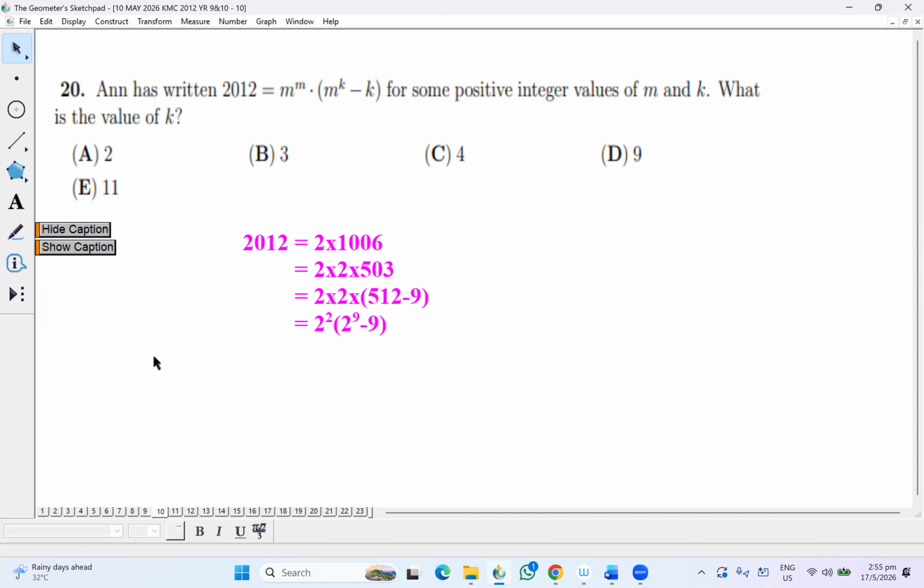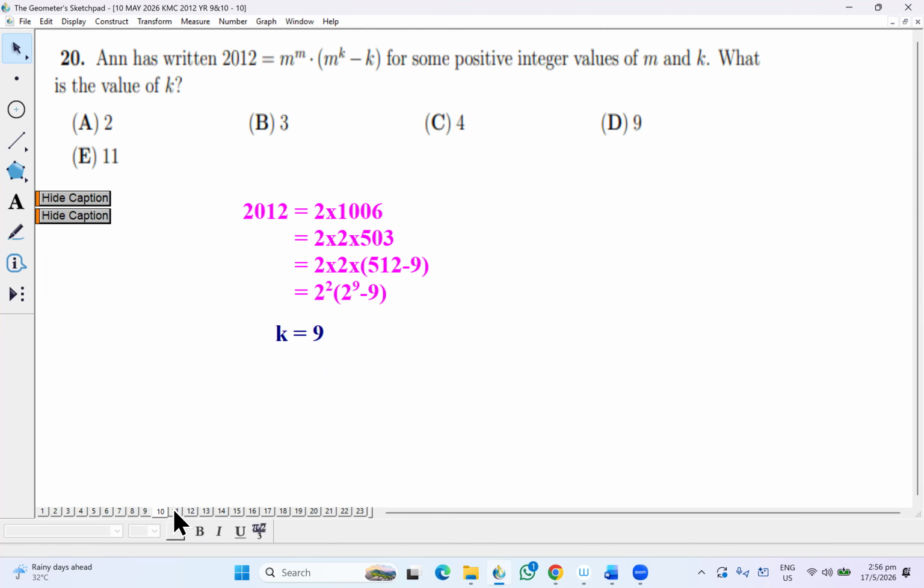I told you, 2 power 10, you must remember 2 power 10 is 1024. So 2 power 9 is 512. So this matches, K and K match, M and M also match. Therefore the answer is K equal to 9. Very short question.